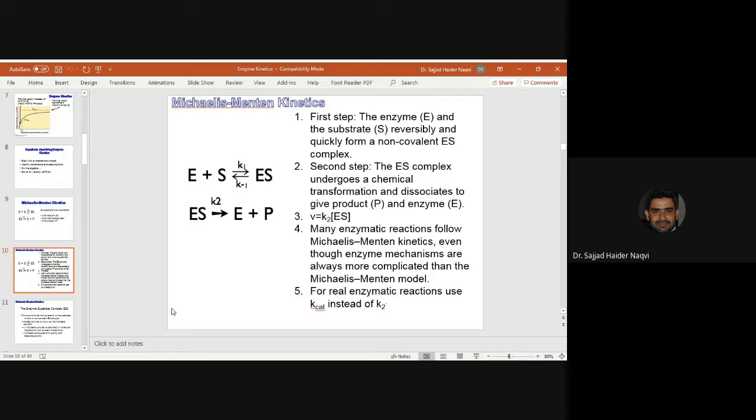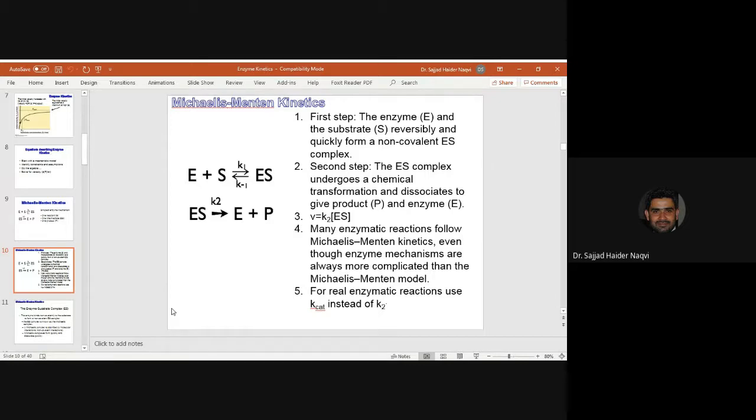Now, next step: many enzymatic reactions follow Michaelis-Menten kinetics. This statement itself reflects that not all enzyme reactions follow this. And as I said earlier, there are many other mathematical models to explain enzyme kinetics as well. But many enzyme reactions within our biological system follow Michaelis-Menten kinetics, even though enzyme mechanisms are always more complicated than the model itself.